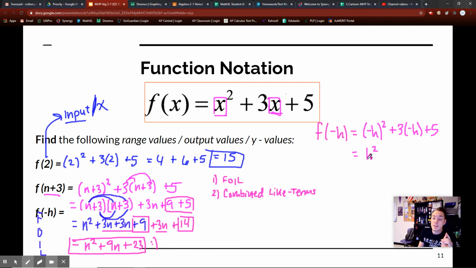But what I do know is this can never simplify down to a negative, so I can just make that into a positive. So I'm simplifying it. Positive 3 times negative h, that gives me a negative 3h for sure. And then this is plus 5. So this right here would be my simplified answer.